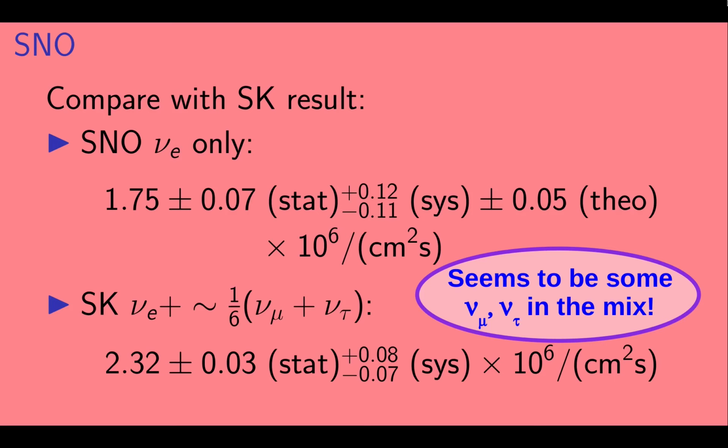If that holds, then the total neutrino flux would be that plus Snow's electron neutrino result. So we should expect the total neutrino flux to be something like 5.4 times 10 to the 6th per centimeter squared per second. We'll see shortly that this isn't too far off.